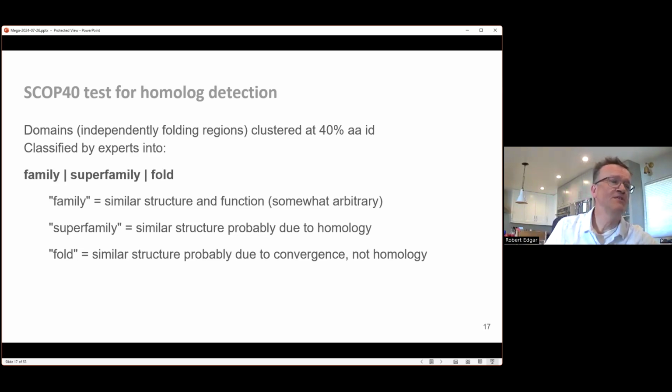A superfamily is a set of domains which are believed to be similar because they're homologous. And then at the top level, there are similar structures which are believed to be due to convergence rather than homology. So how exactly do you know whether they're homologous or not? Well, you are kind of guessing, but this is the best we can do, and it's generally considered to be a high quality database.